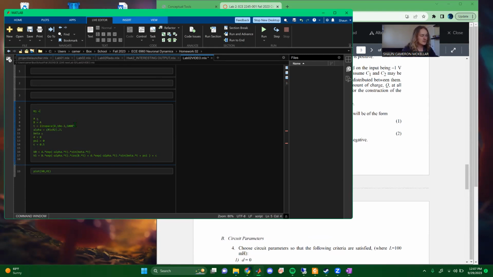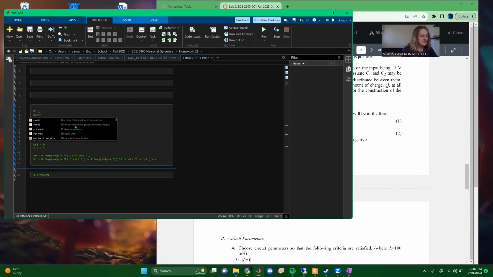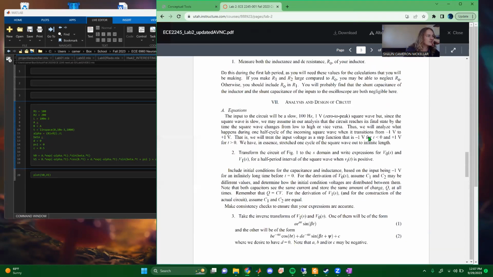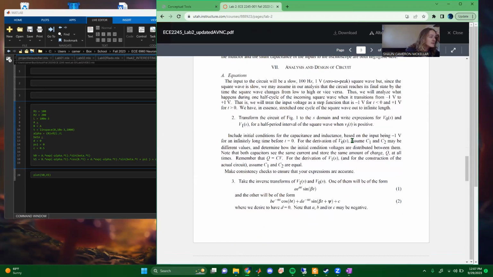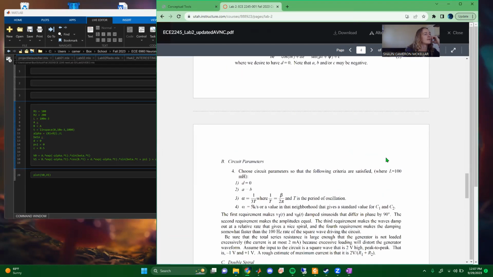R1 equals 100 and R2 equals 200 for now. See what that gets us. Let's try L equals 100 millihenries. They actually suggest we use that somewhere in this lab handout. Can't remember where. Yeah, L equals 100 millihenries.